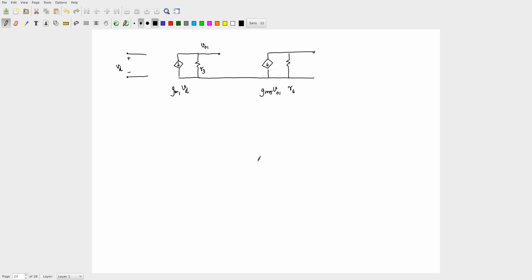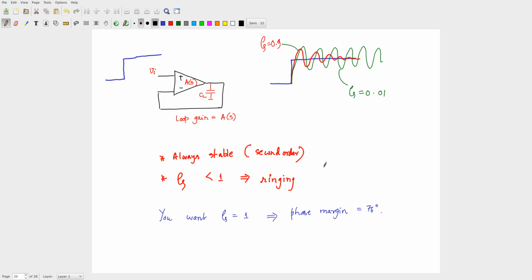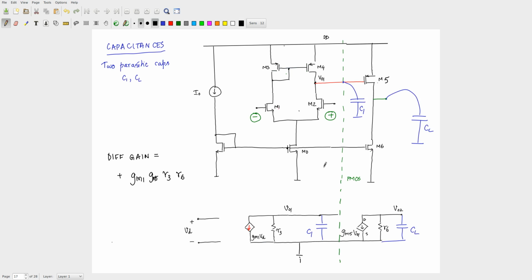Now, I also looked at 2 parasitic capacitors. Can anyone tell me why I took C1 and C2 and CL as the dominant parasitic capacitors to look at? Look at the first stage.